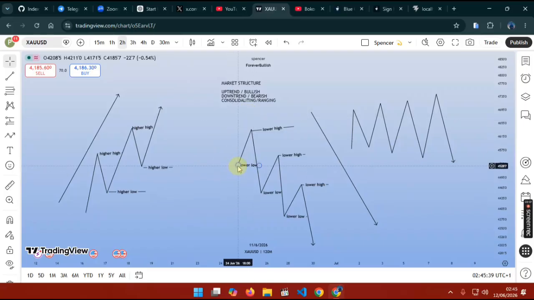Same goes here. We have this correctional buy, impulsive sell, correctional buy, impulsive sell, correctional buy, impulsive sell. So let me just put it down here.